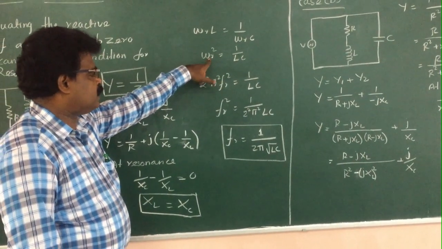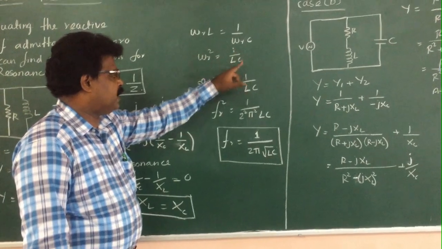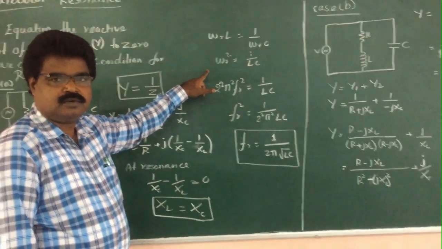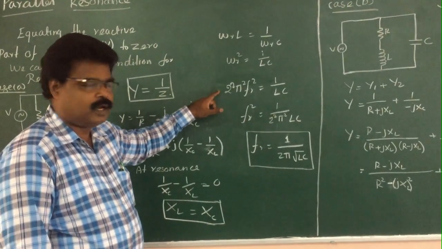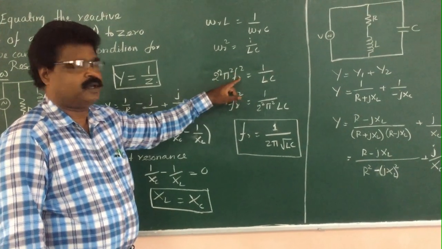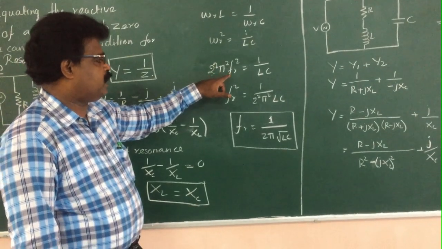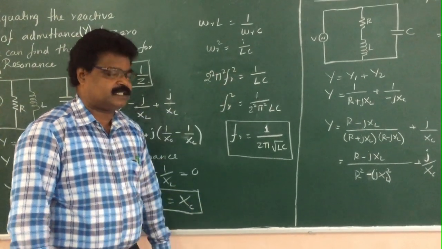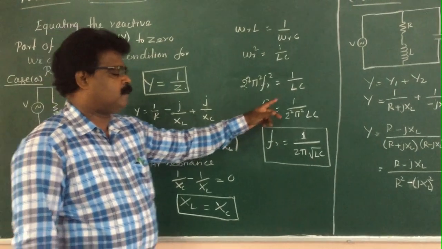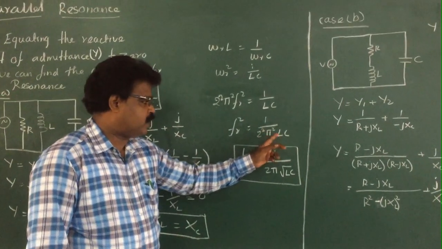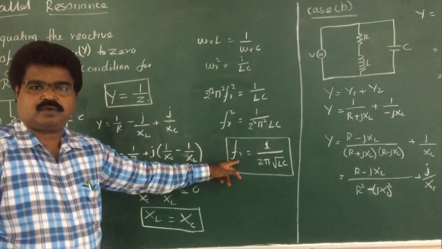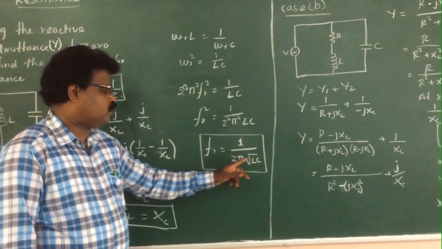So omega_r squared is equal to 1 by LC. Omega is equal to 2 pi f, so 4 pi squared f_r squared is equal to 1 by LC. From this, f_r squared is equal to 1 by 4 pi squared LC. Taking the root on both sides, we get f_r is equal to 1 by 2 pi root of LC.